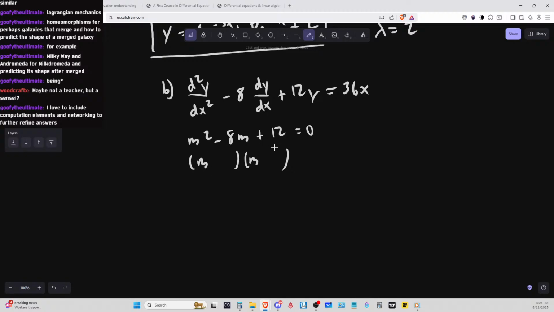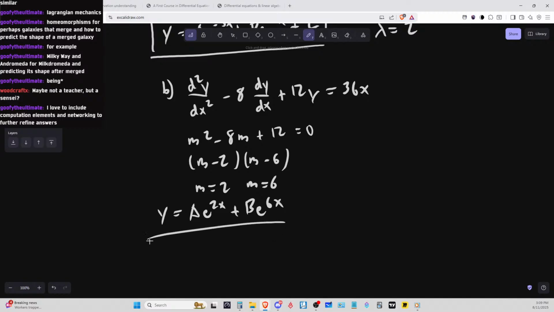Okay, so I'm guessing we're going to have 6 and 2 here. So we're going to have m to the positive 2 and m to the positive 6. So we're going to have a e to the 2x and then b e to the 6x. Okay, so we'll keep that in mind.